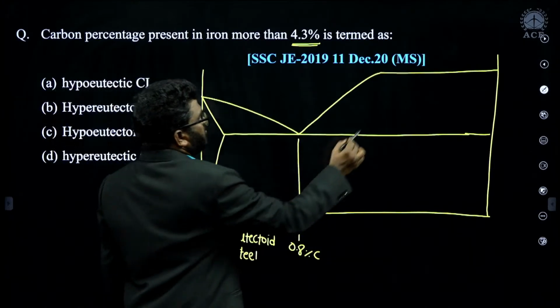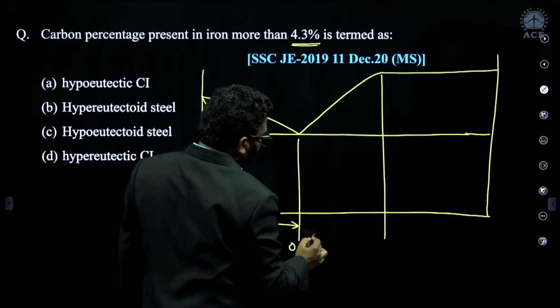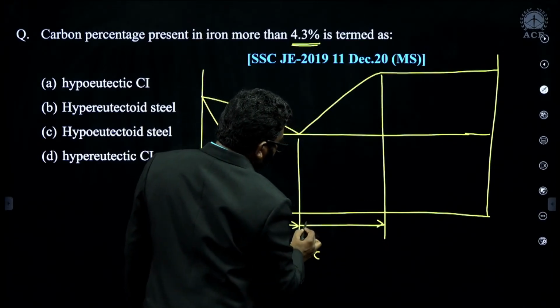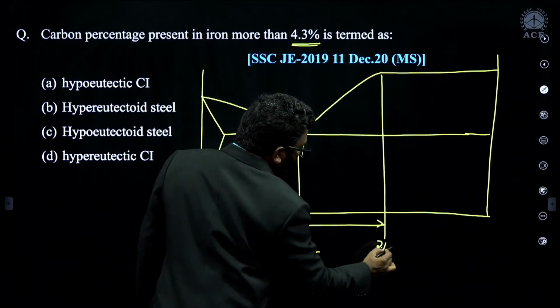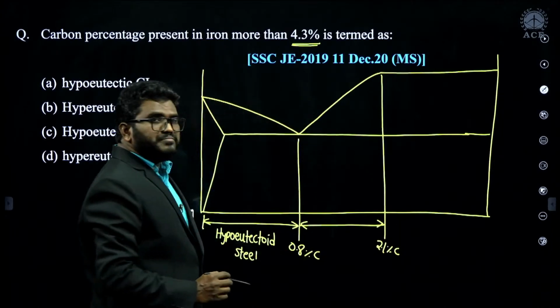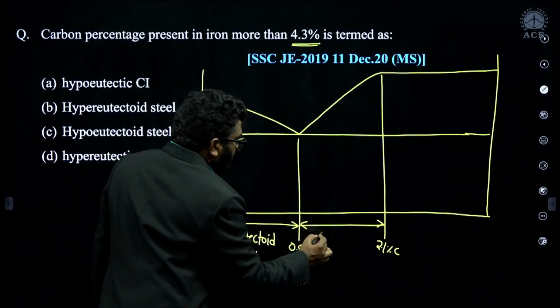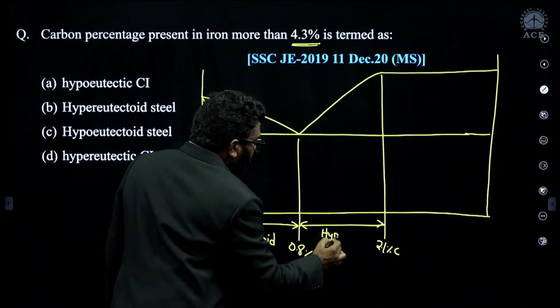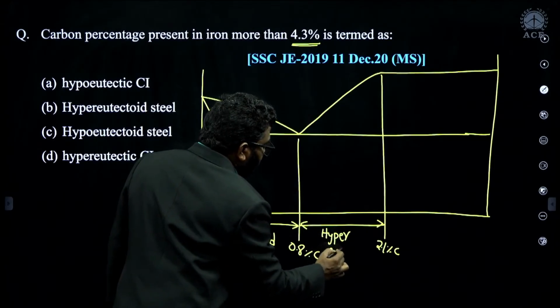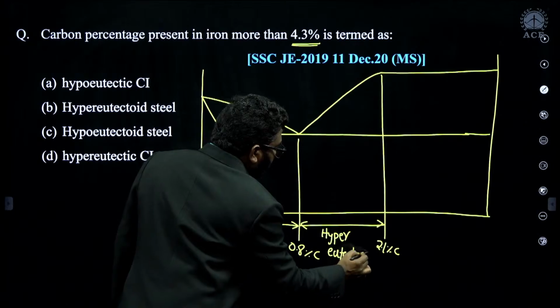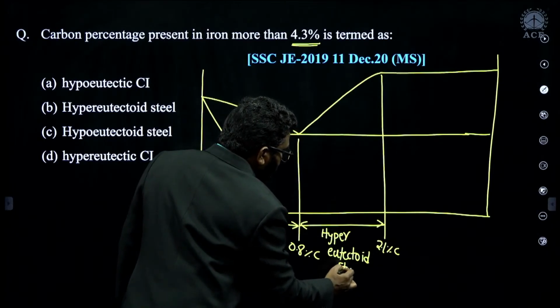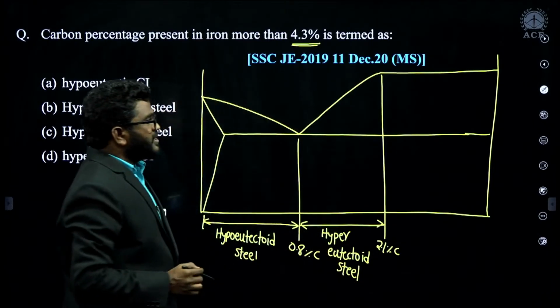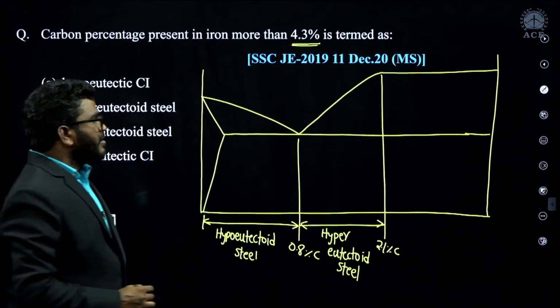From 0.8 to 2.1% of carbon, it is hypereutectoid steel.